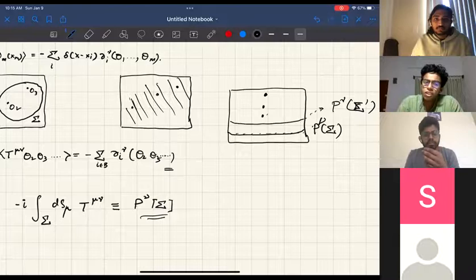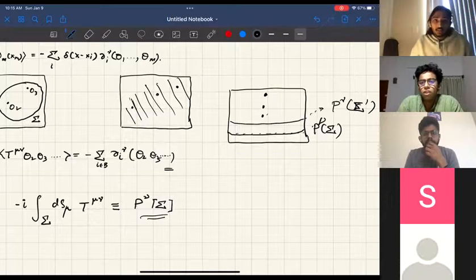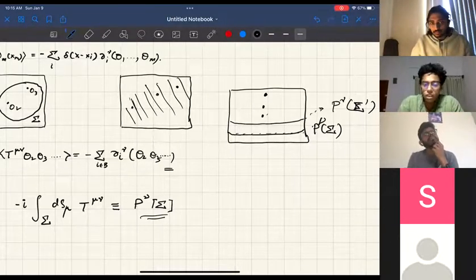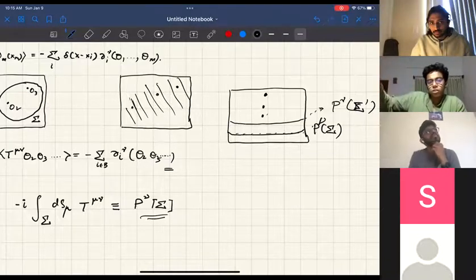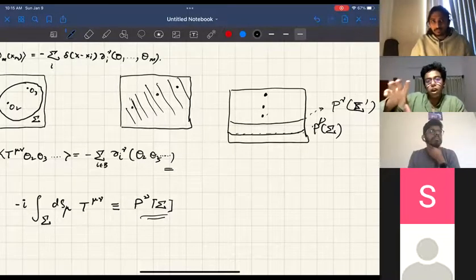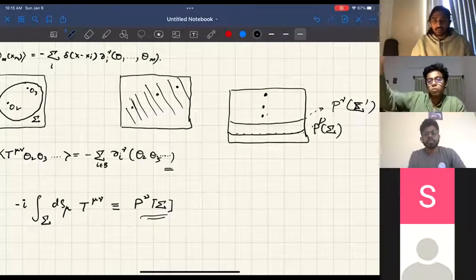So are you basically transforming your space from talking about x, the distance or spacetime, to the space in terms of momentum operators?